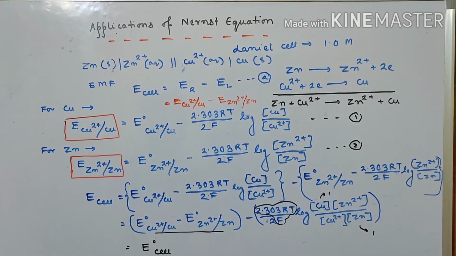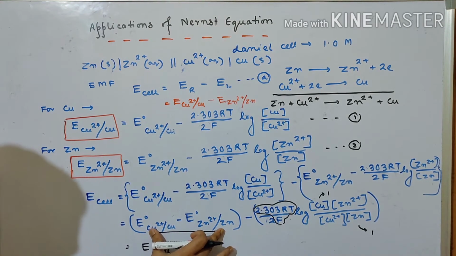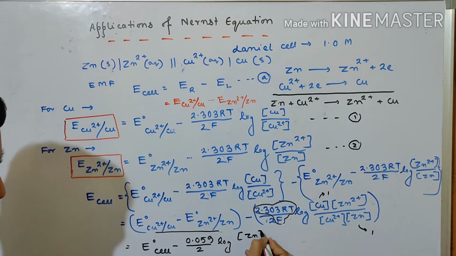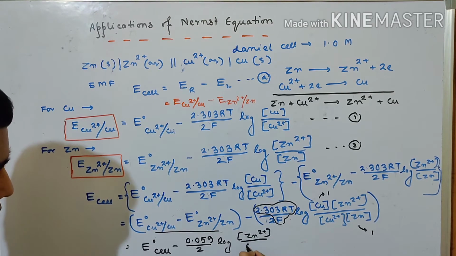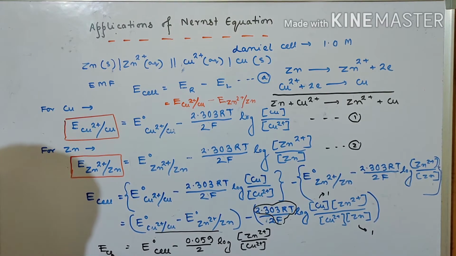This much is E0 cell, because this much is E0 cell minus 0.059 by 2 log of Zn2 plus by copper 2 plus at 298 Kelvin. So this is the ultimate equation.